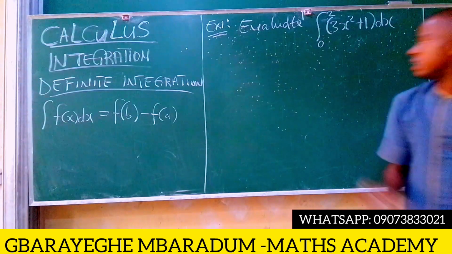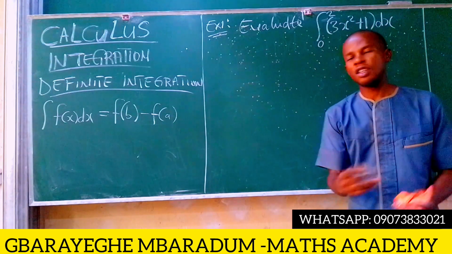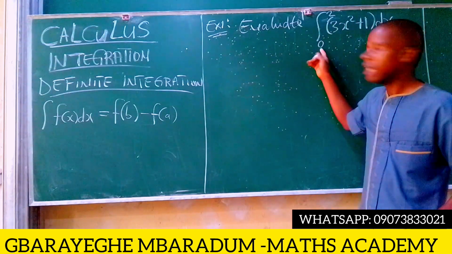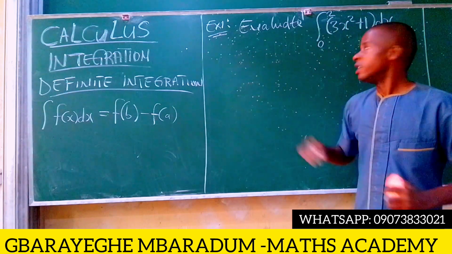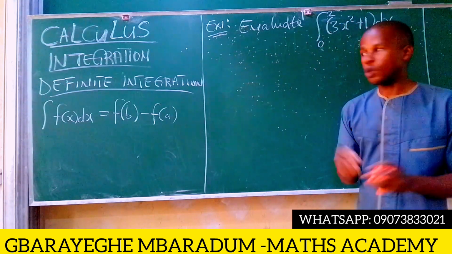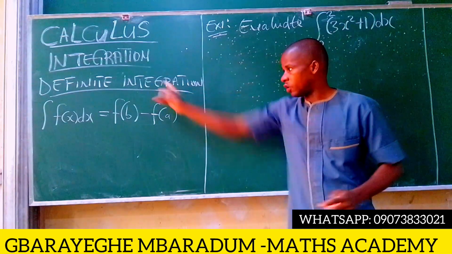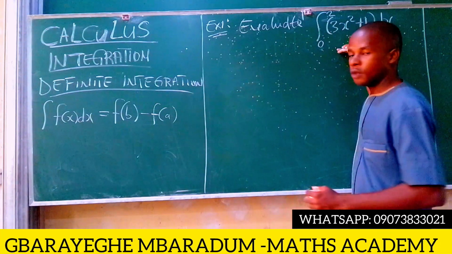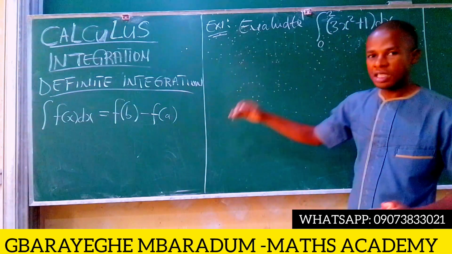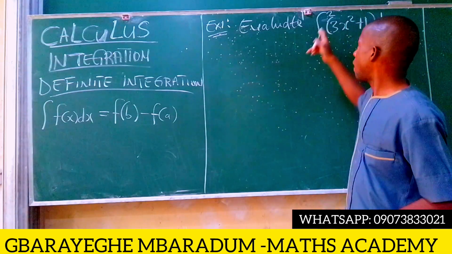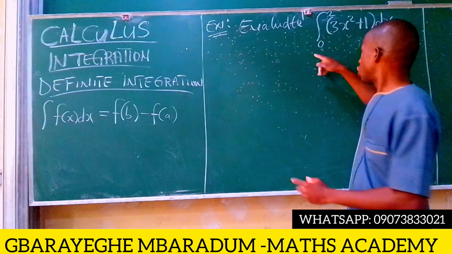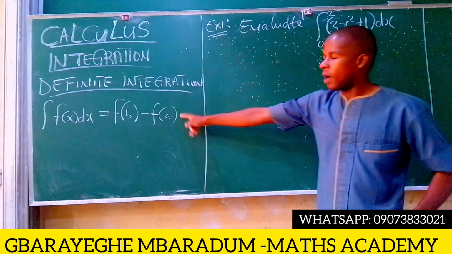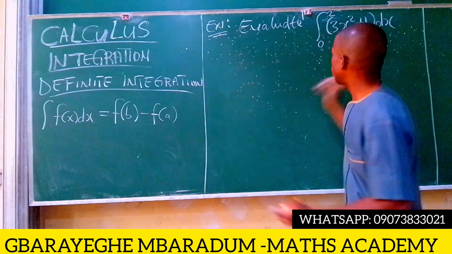Now if you look at this type of integration, you see that it has a limit, which is the lower limit and the upper limit. Since this integration has limits, we call it a definite integration. And now for us to be able to solve this kind of integration, we evaluate it. After integrating, we substitute the upper limit into the function, then we subtract the lower limit substituted into the function also. Let's go ahead and solve it now.